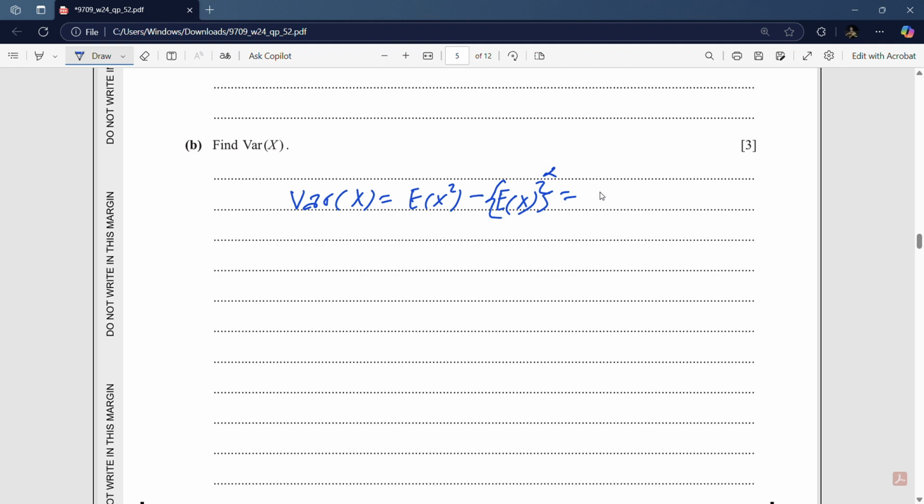So from the calculation we can know that this will be 35 and the mean value will be 4.5 and its square. So the variance is 14.75.